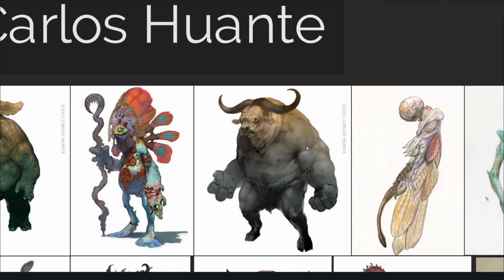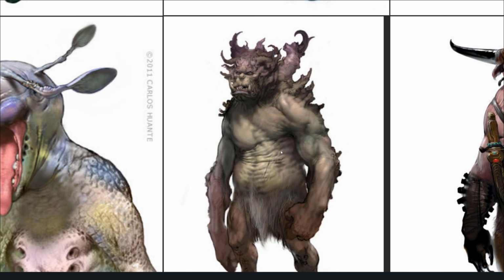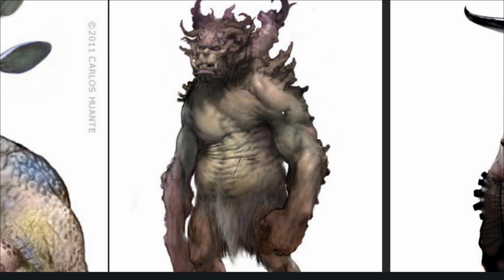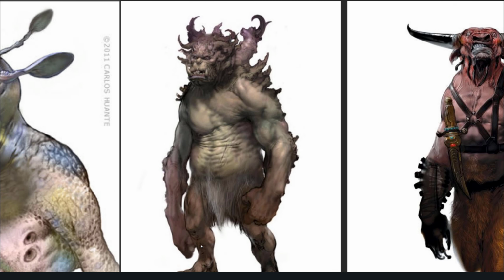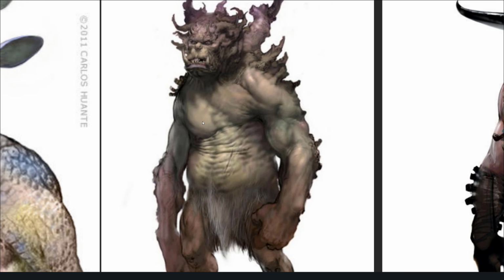That there is a lot of depth and curvature to that, right? You don't feel any flatness to the creature, and it's everywhere. If you examine his work, it's just everywhere. The way he makes the forms, the way he makes the muscles, they feel exactly the same way as they do here, right? Just one to one.